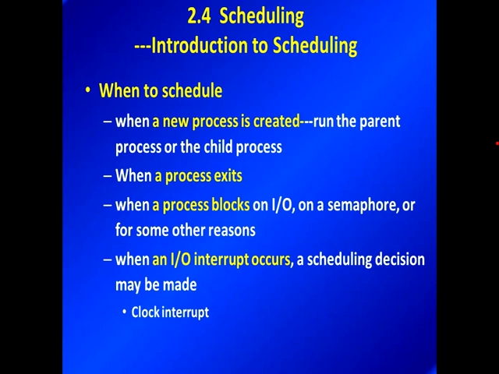And maybe the way to handle that interrupt is to call the scheduler to select a new process to get the CPU. So these are basically the four possible cases to call the scheduler to select a ready process to get into the CPU to run its instructions.